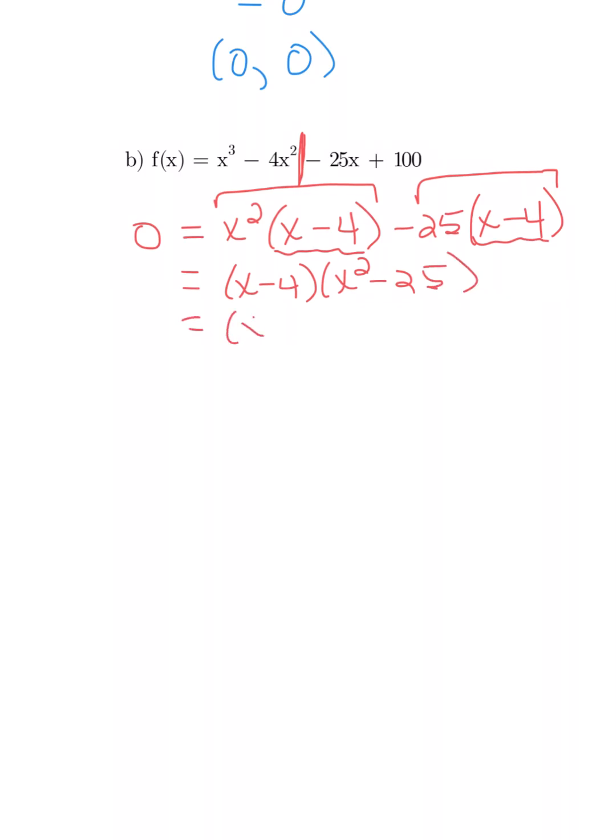Now, x squared minus 25 is a difference of squares. So that factors into x plus 5 times x minus 5. Each of those factors needs to be set equal to 0.